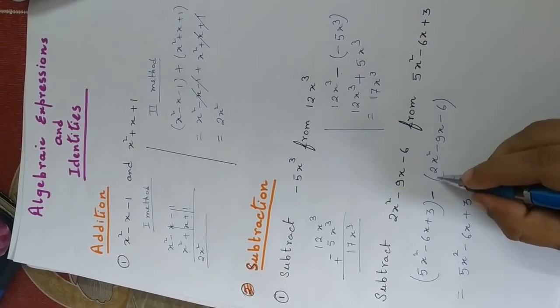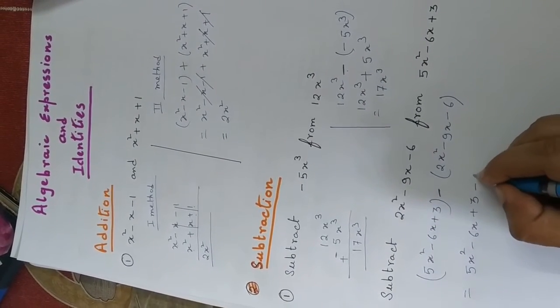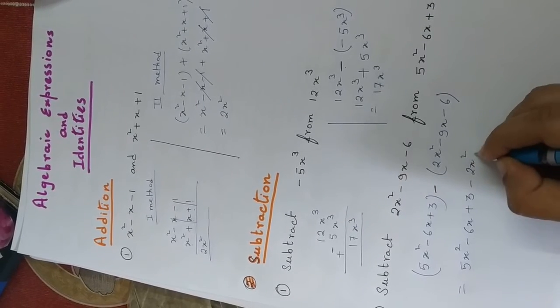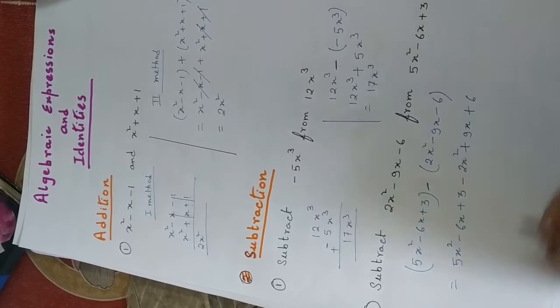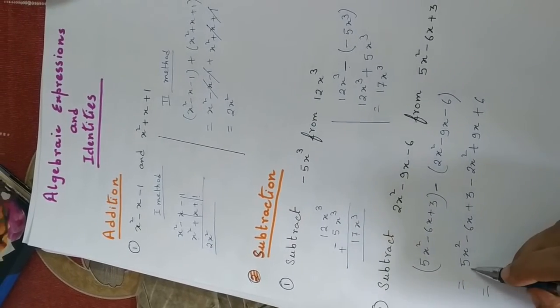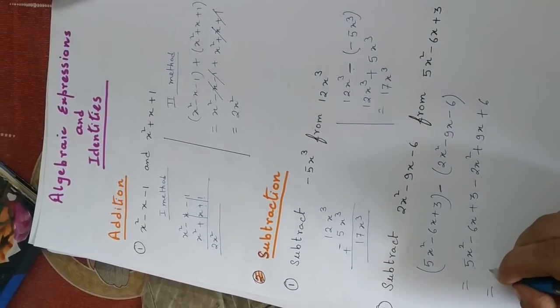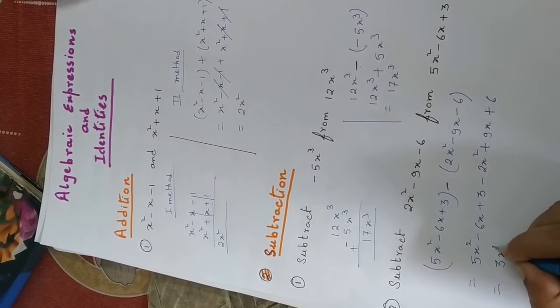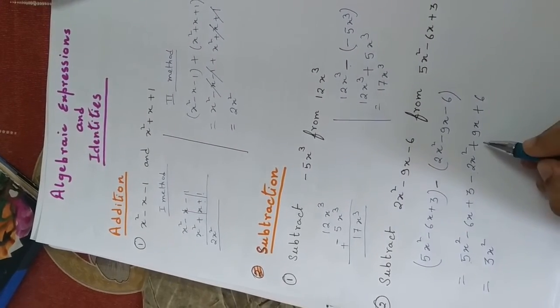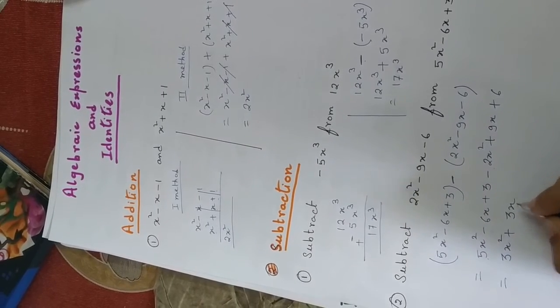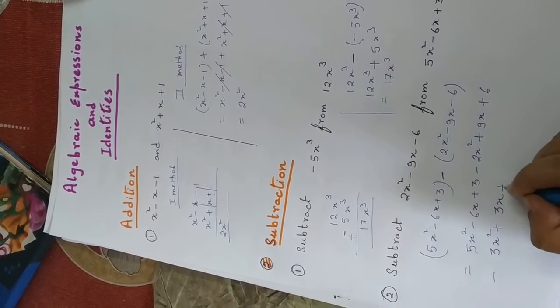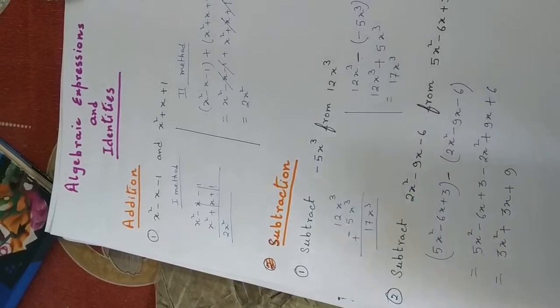And in the second bracket, change all the signs: minus 2x square plus 9x plus 6. Now look at the like terms. 5x square minus 2x square is 3x square. Minus 6x plus 9x is plus 3x. Plus 3 plus 6 is plus 9. So this is the answer.